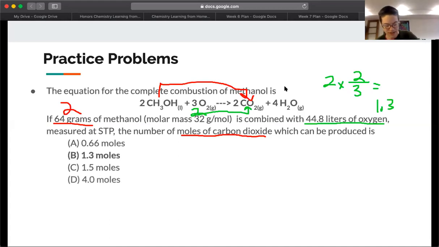So this is an old multiple choice question, and yes, you would have to do math on the multiple choice, but it was set up with numbers like this, so it shouldn't be that hard. But okay, so that's stoichiometry.